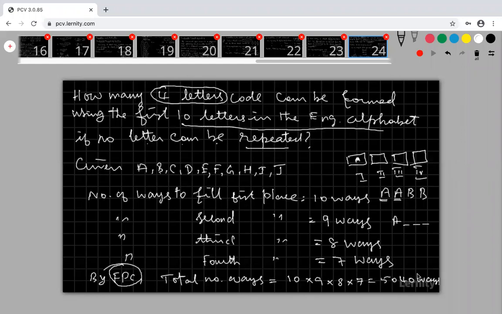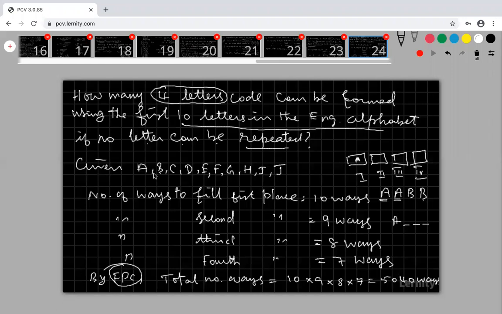Your answer is correct only if the letters are repeated, Harish. Here, since my letters are not repeated, once I fill one letter in my first place, that letter can never be in the second, third or fourth place.